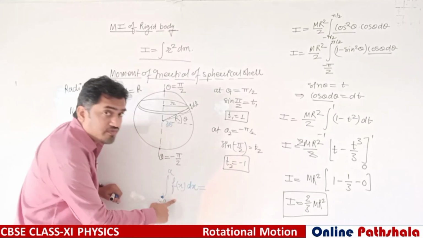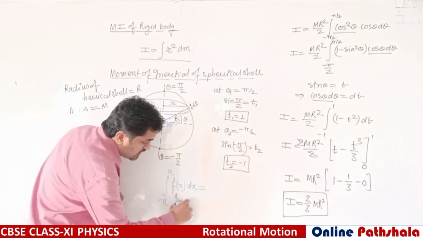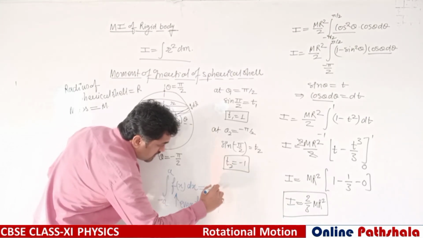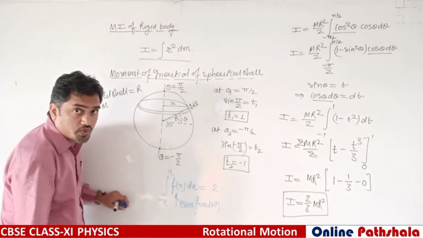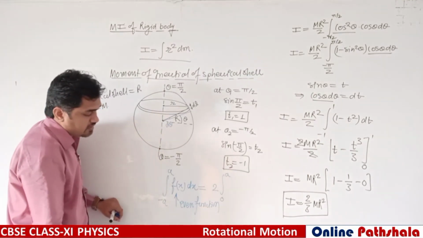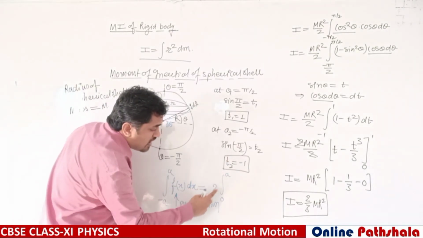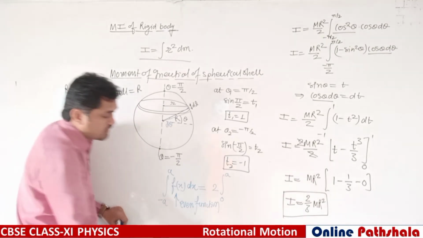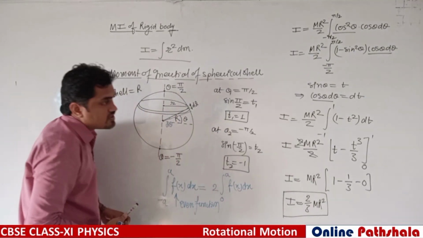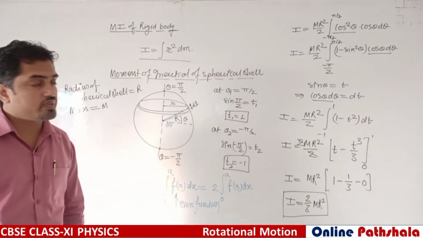If this f of x is an even function, you can write 2 into integration from 0 to a of f of x dx. In place of minus a to a, you can write 0 to a after multiplying by 2. Same concept I am using here. Okay. So, it will become very easy now. Thank you very much.